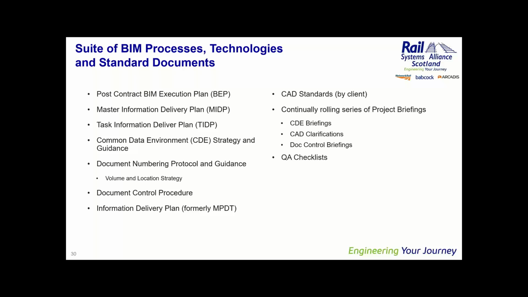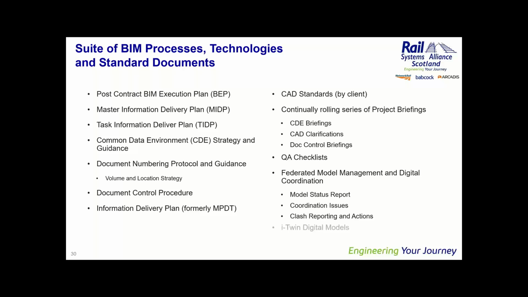And we have regular federated model management and digital coordination processes. In fact, today was one of those for one of the major projects. On that federated digital coordination process, we have model status reports, we have coordination issues, and we do clash detection and reporting. And we've adopted the use of iTwin digital models within our projects on the Alliance.